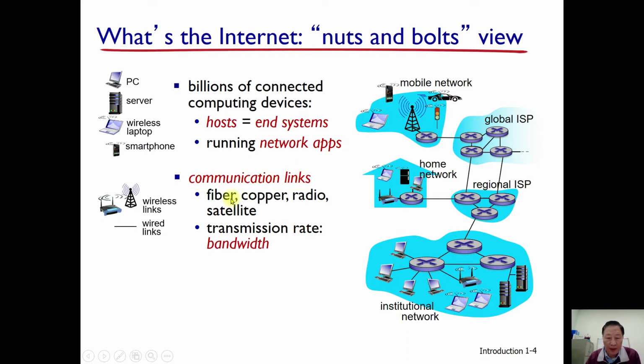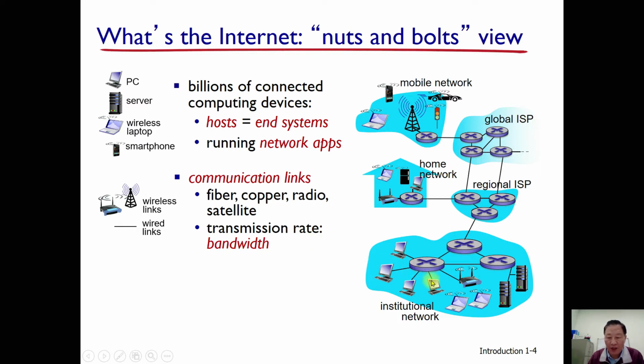And there may be many different media like fiber optics, copper line, radio, and satellite. In terms of speed and performance, the bandwidth is important. If we are using the service, then bandwidth is important to the subscription fee we pay.